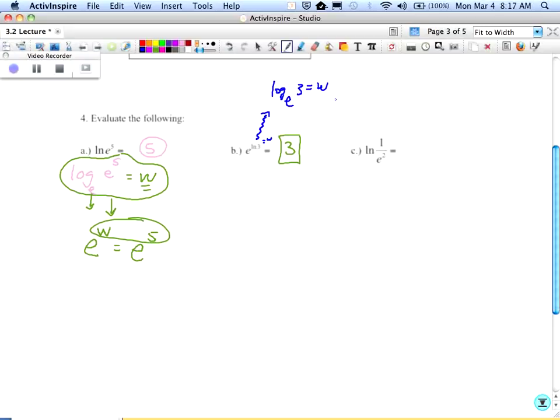Gets a little circular, kind of like a Jedi mind trick. So let's say e to the ln of 3 is equal to w.